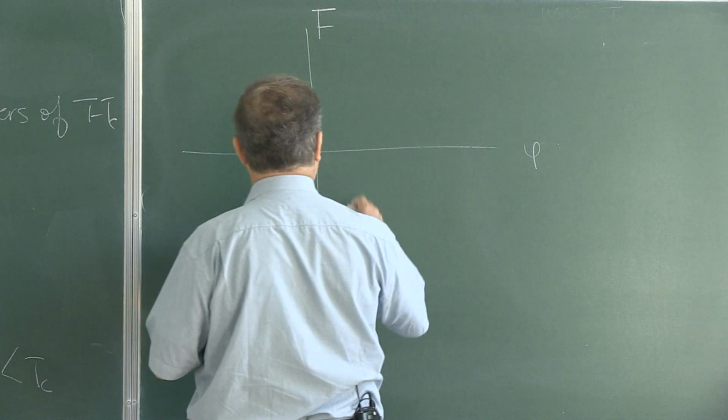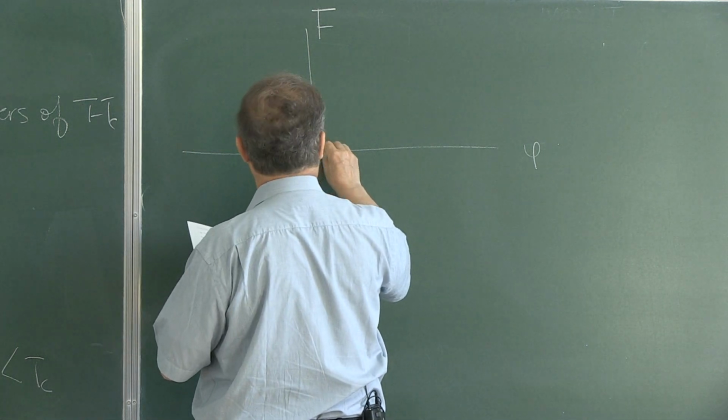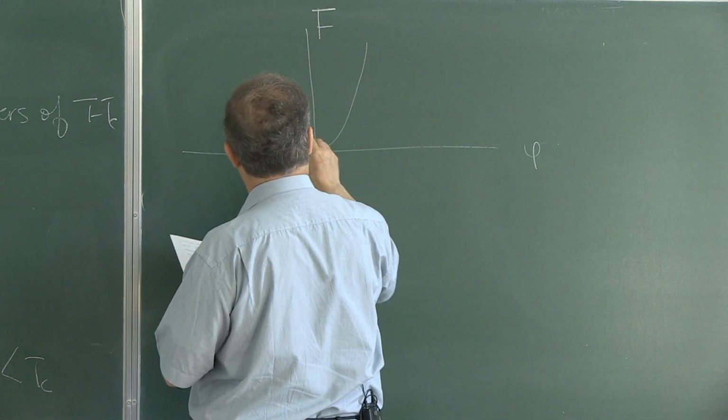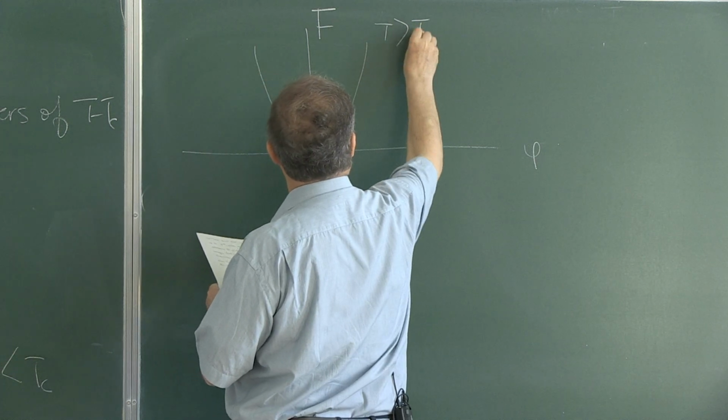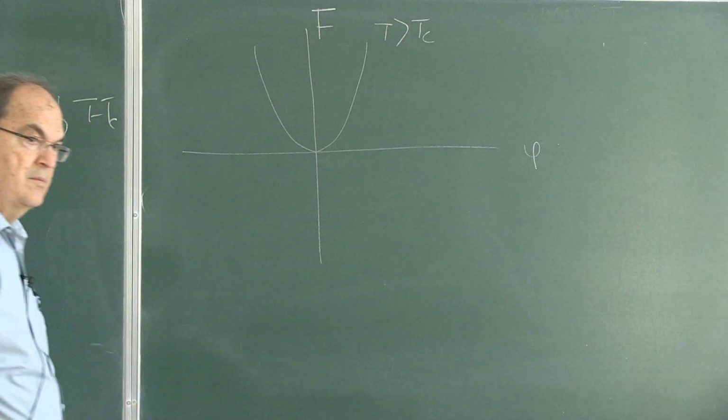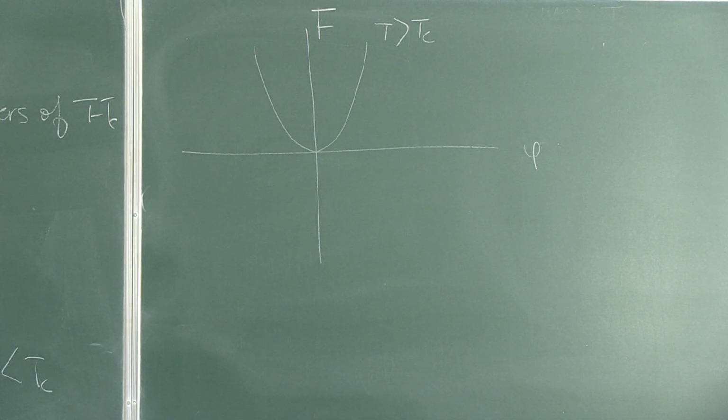Here is the result for T greater than Tc. The minimum is at phi equals 0, one solution.